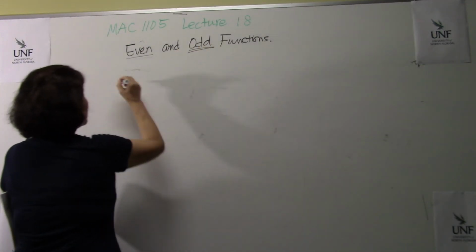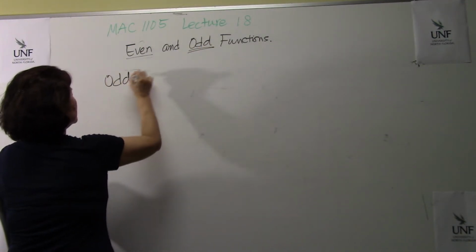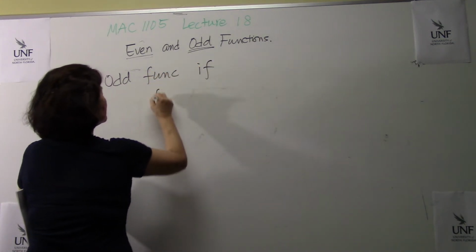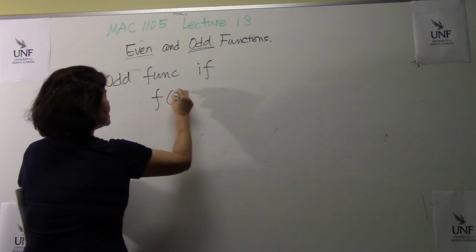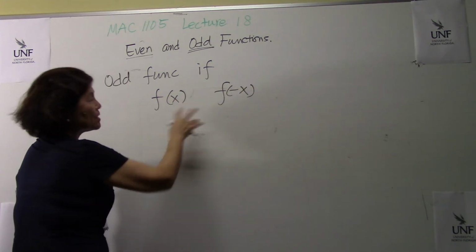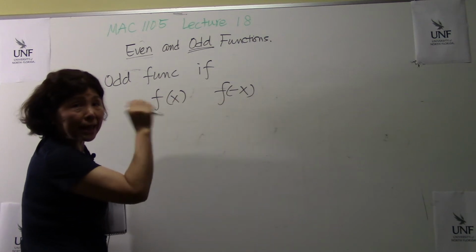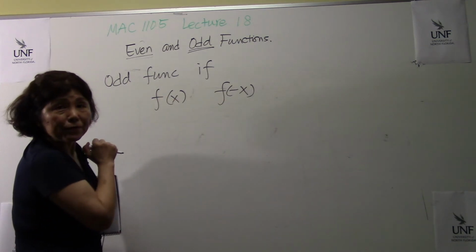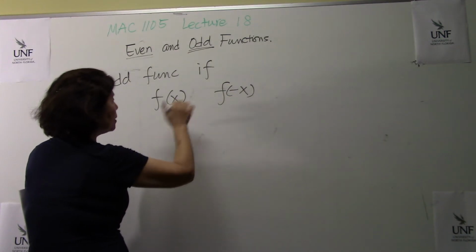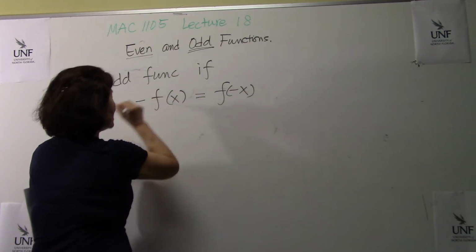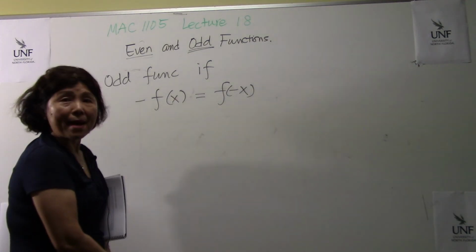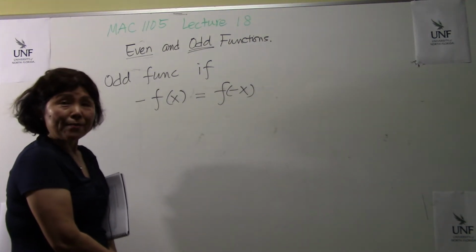Well, odd function is, if the function f of x and f of negative x are just equal, outright equal, then we call it an even function, right? But this time they are not exactly equal, but the negative of f of x is the same as f of negative x.